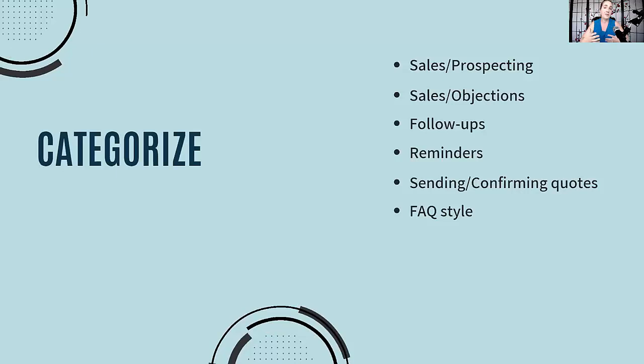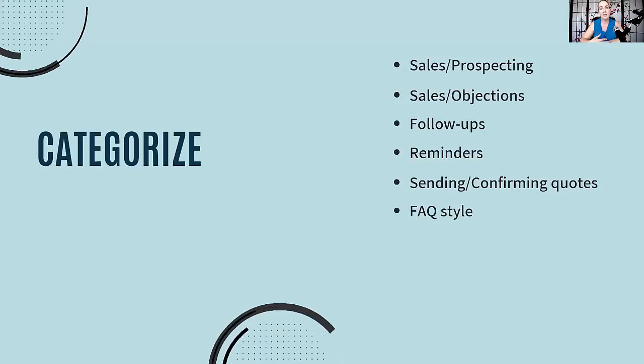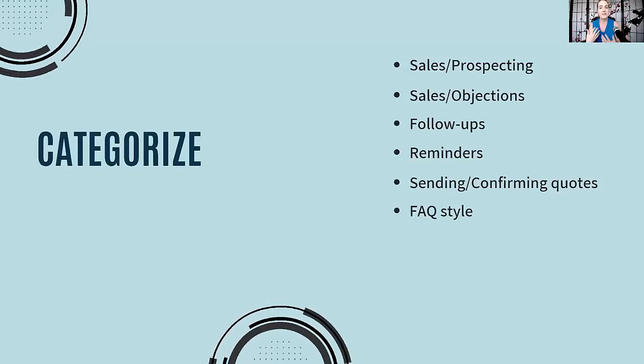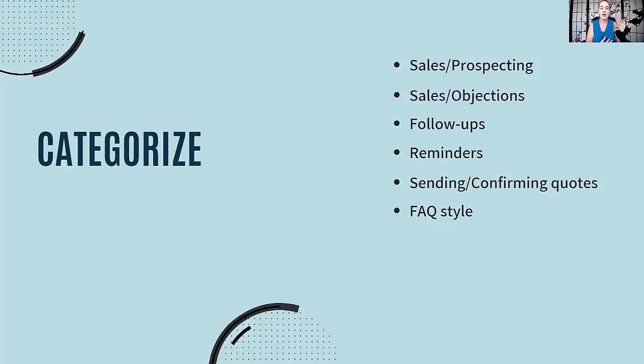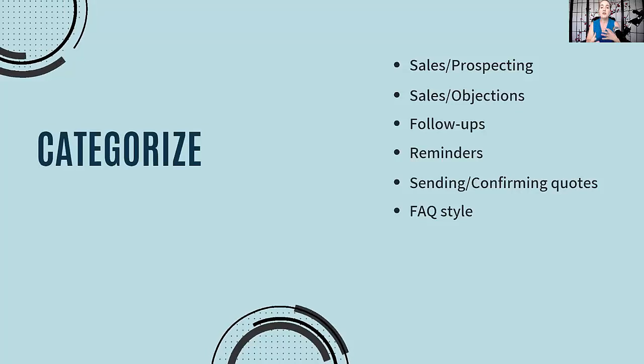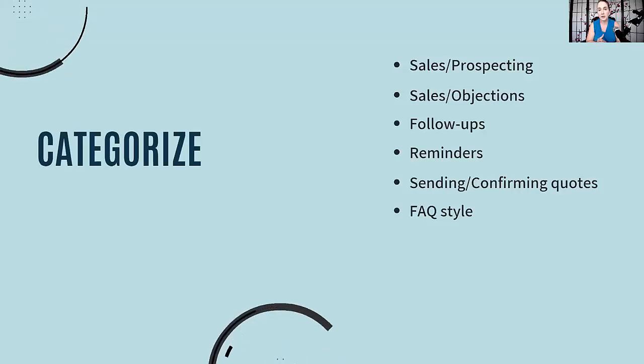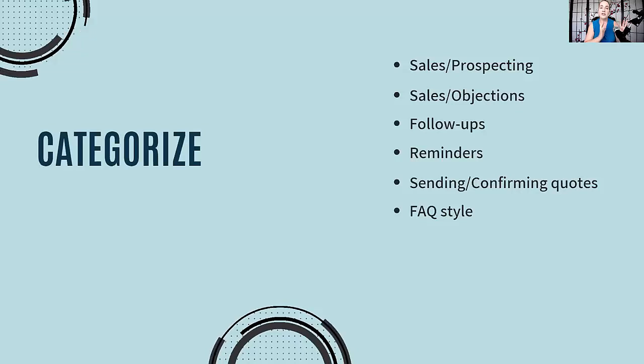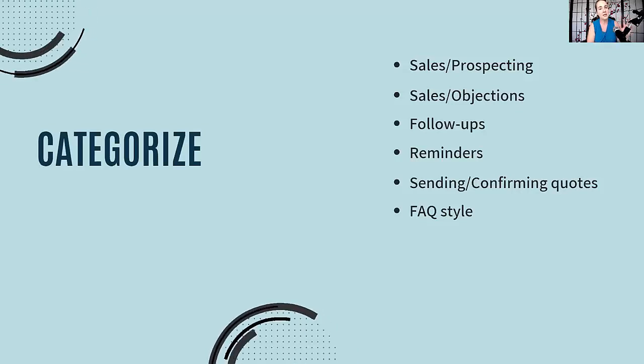And so a lot of times when people think about email templates, they figure that they can't use them because often they're going back and forth with their clients or their vendors or whoever. If you use email almost like an FAQ, so you sort of give people a bunch of if-then statements, then those things do start to repeat themselves.